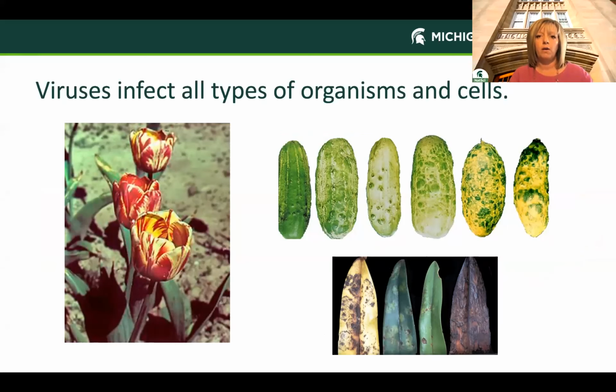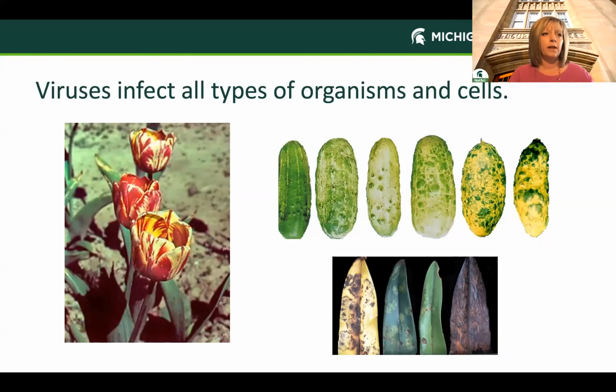Tobacco mosaic virus is a plant virus that infects a variety of plant types. And actually, Roger Beachy, who is a member of the Dean's Board of Advisors for the College of Natural Science and who obtained his Ph.D. at MSU, is an expert in plant virology and has used TMV as a model for many of his studies.